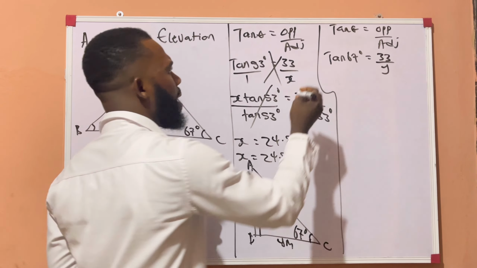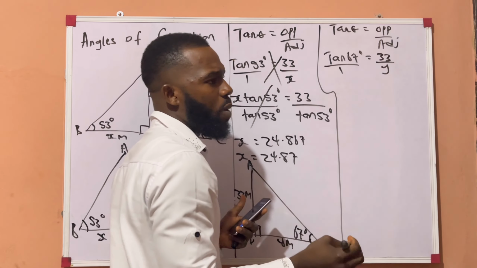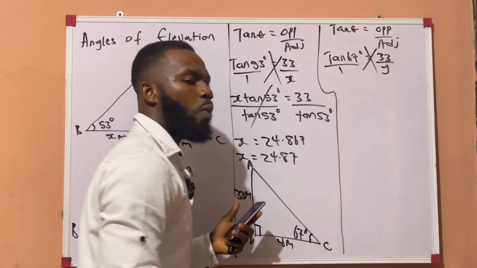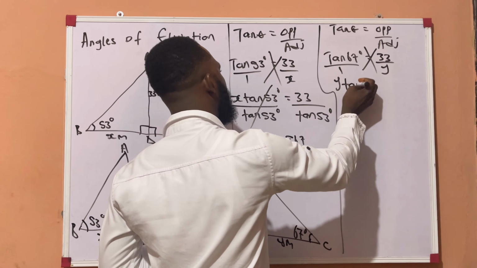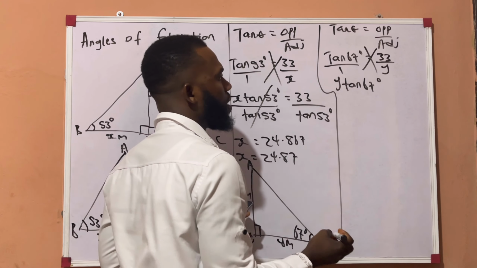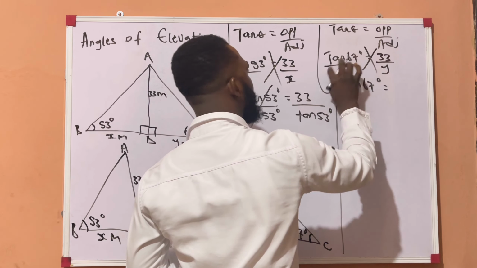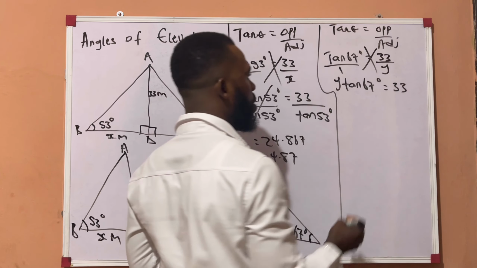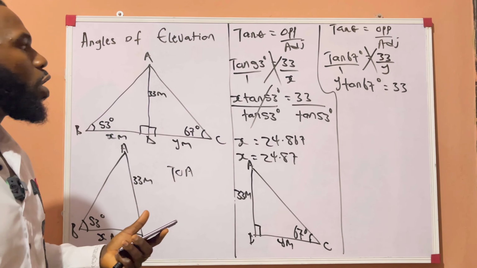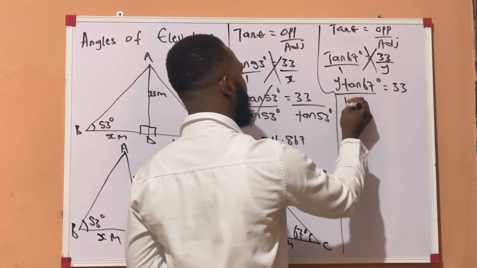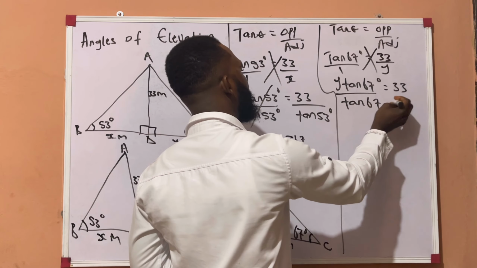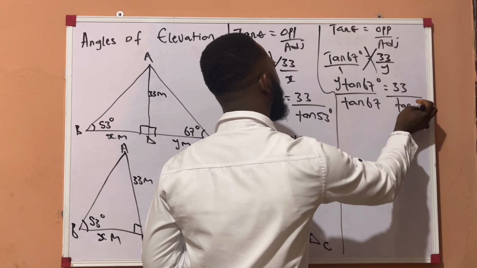Again, cross multiply by basing tan 67 over 1. Now y multiplied by tan 67 gives us y tan 67 degrees, and 33 multiplied by 1 gives us 33. So for us to get y as the subject of the formula, we need to divide both sides by tan 67.